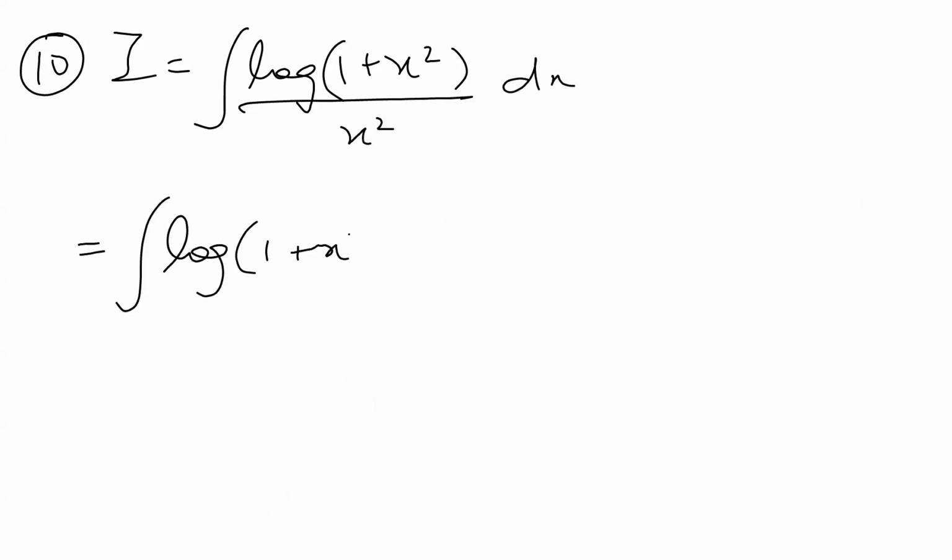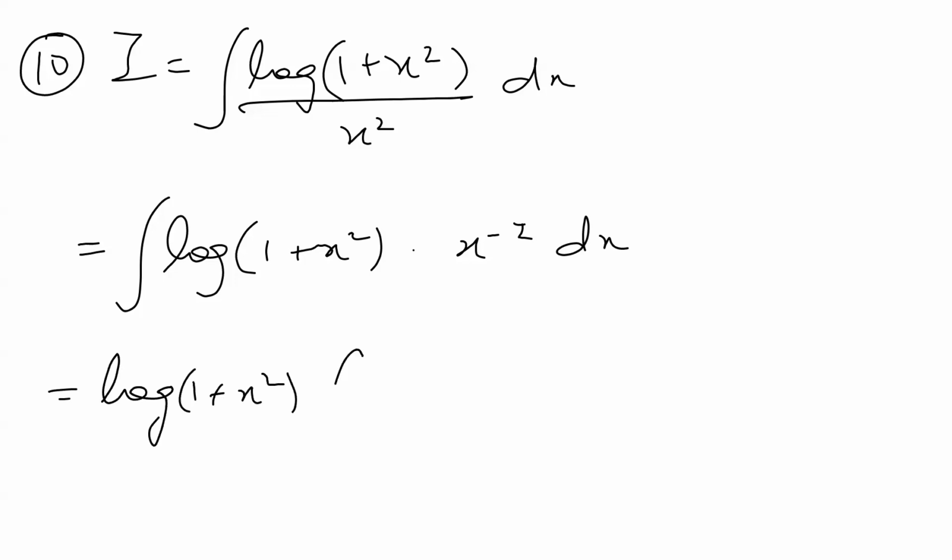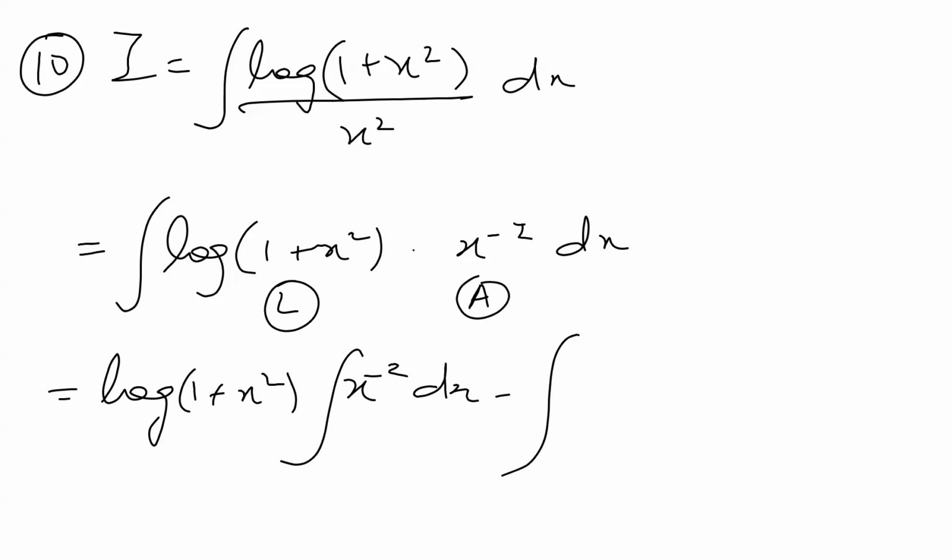So integration of log 1 plus x square into x raised to minus 2 dx. Okay, I'll just clarify this. Logarithmic and algebraic. So this is u and this is v. The order is also perfect. Logarithmic comes before algebraic. So we need not interchange this. We need not swap this.